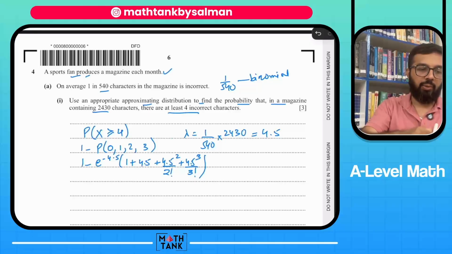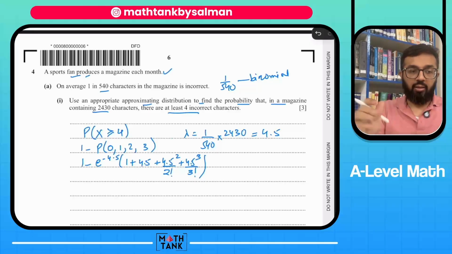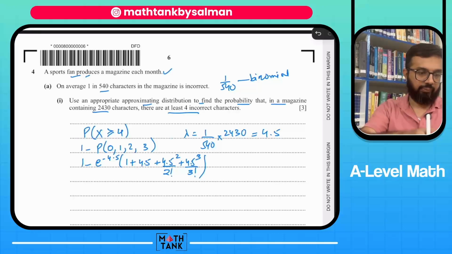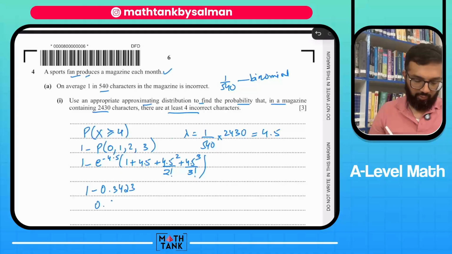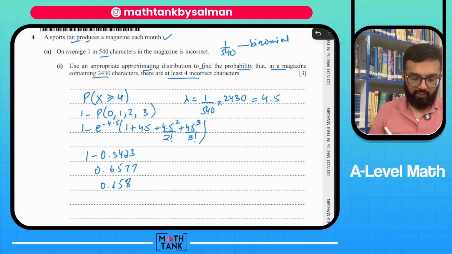Okay, I encourage that you solve using your calculator as well, so that if you've made some mistake while typing it or writing it, you avoid those mistakes during the exam. So 0.658, I think, should be the final answer. Let me check. Yes, that is the correct final answer.